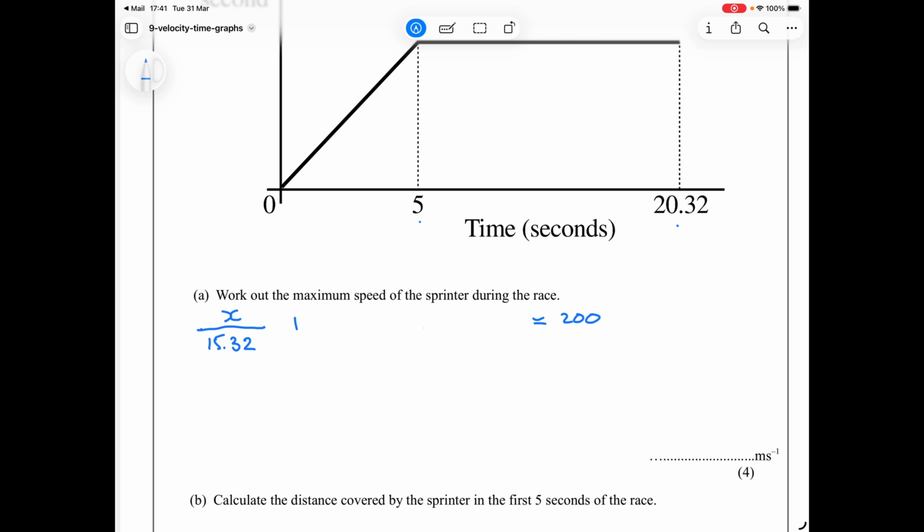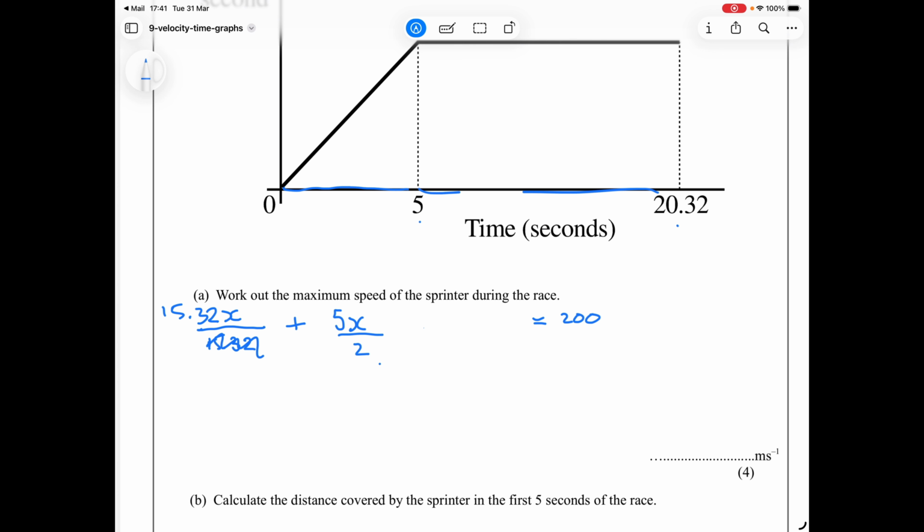And then that's plus x over 2 times 5, because that's where that is, so that's 5, but we don't know what x is. Okay, so we've got this. I'm going to say that's 15.32x, because you're just multiplying this bit by that bit.